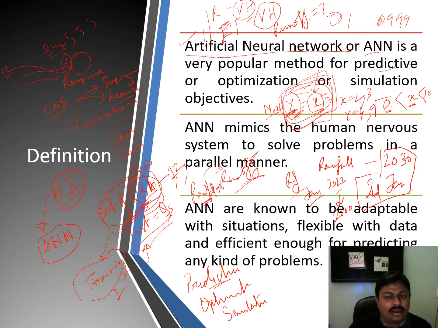Now, for prediction, optimization and simulation, the first step is to develop a model, and that model must be trained with a set of existing data where both input and output are known to us.